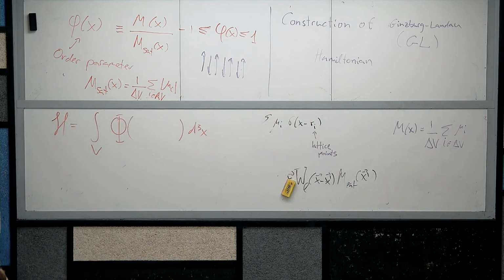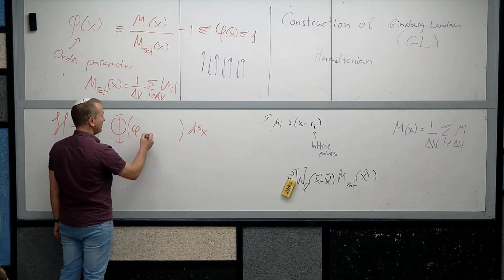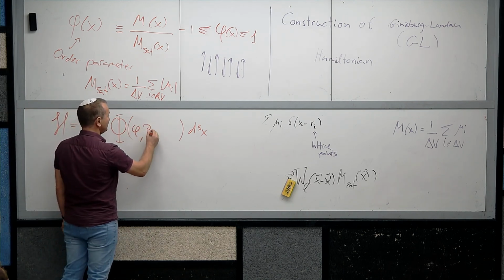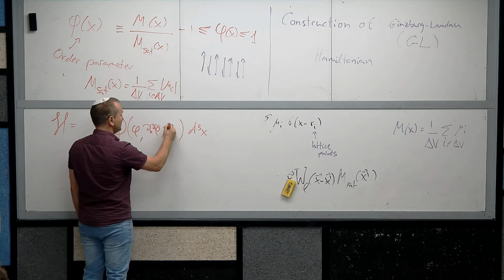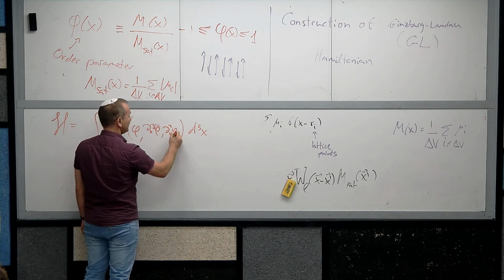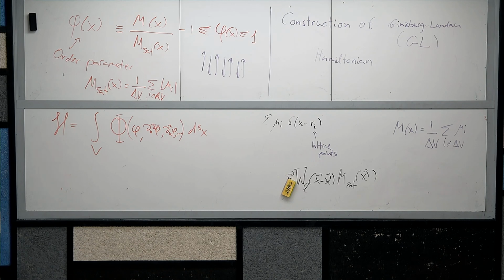So what do I do? Here I have phi, right? I have d/dx of phi, I have d squared x of phi, etc., etc. When you say x, you mean x, y, z, right?